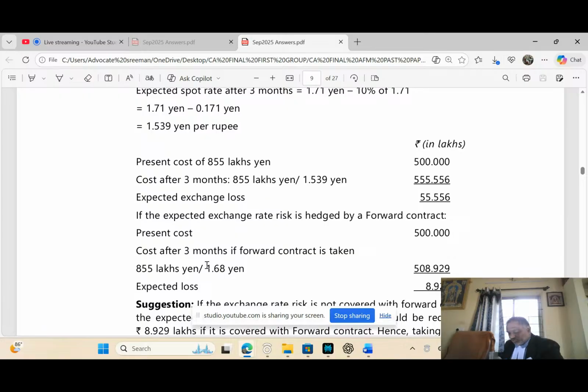It means 855 divided by 1.539, that is equal to 555.6 lakhs of Indian rupees.